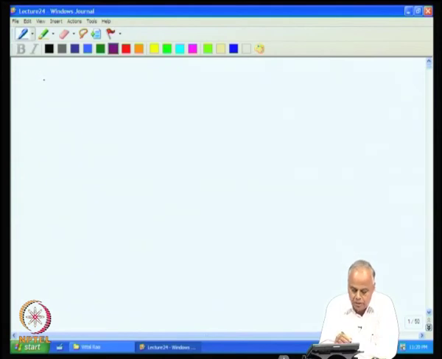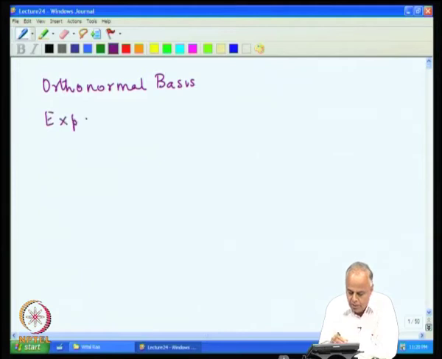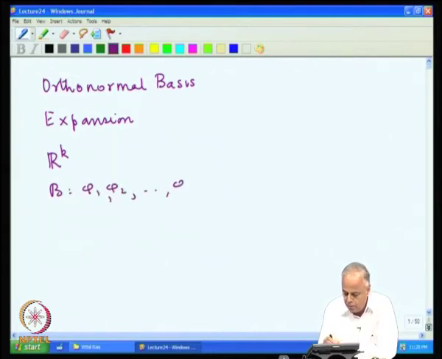In the last lecture, we introduced the notion of an orthonormal basis and we looked at the expansion in terms of an orthonormal basis. We found that if we start with R k and we have any orthonormal basis phi 1, phi 2, ..., phi k for R k, then we have the following result.